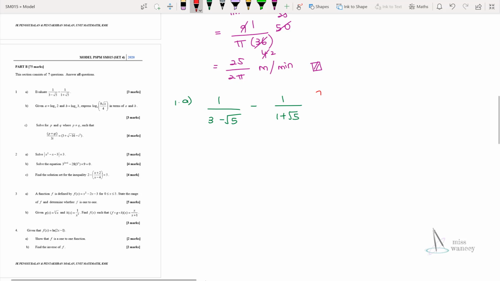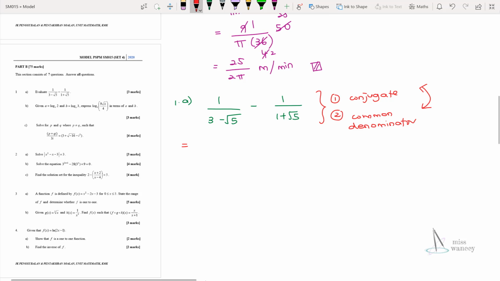The first, you can multiply with the conjugate first, and then have a common denominator later on, or you can flip them: have a common denominator first before you multiply with the conjugate to rationalize your denominator. Which one should I choose? Let me choose to have a common denominator first, and then we're going to multiply with the conjugate.